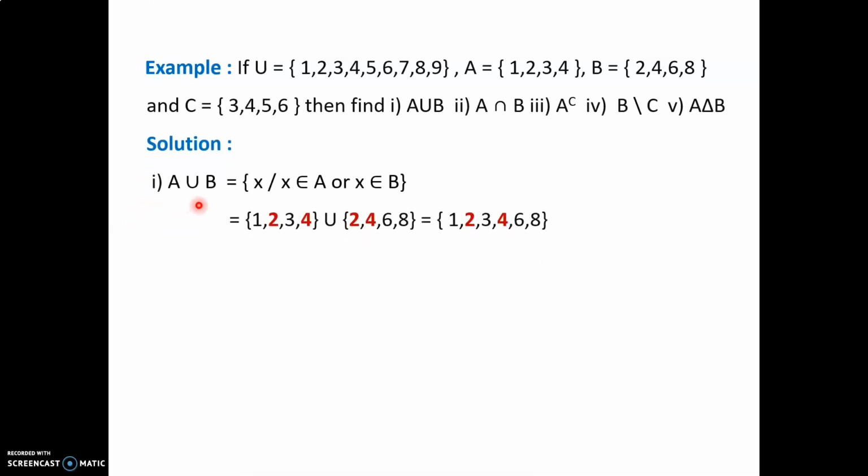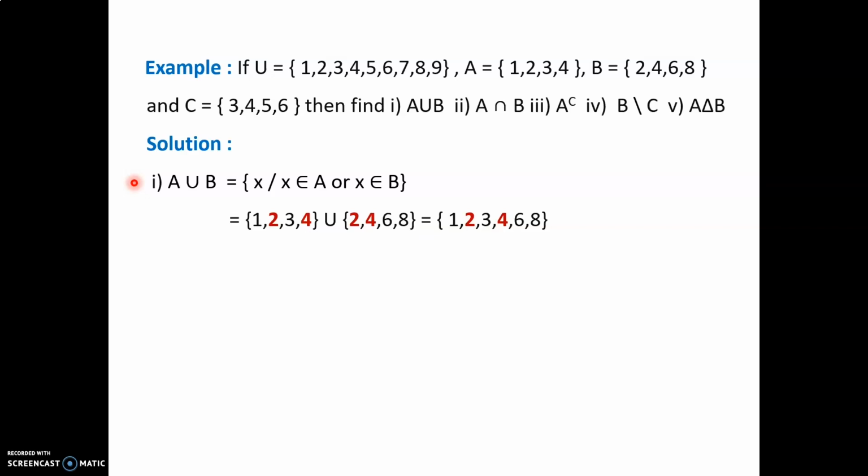First one is A union B. It is the set of elements X such that X belongs to A or X belongs to B. That is, we collect all elements of set A and set B. Here, in set A, there are elements 1, 2, 3, 4 and in set B, 2, 4, 6, 8. 2 and 4 are common elements between them.